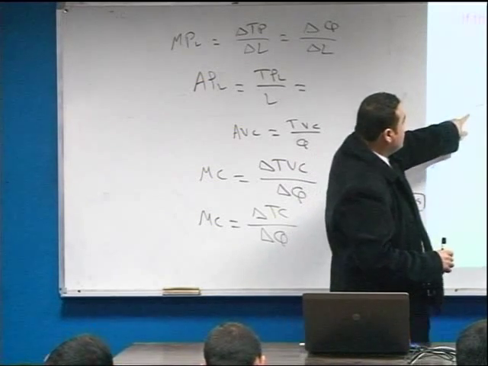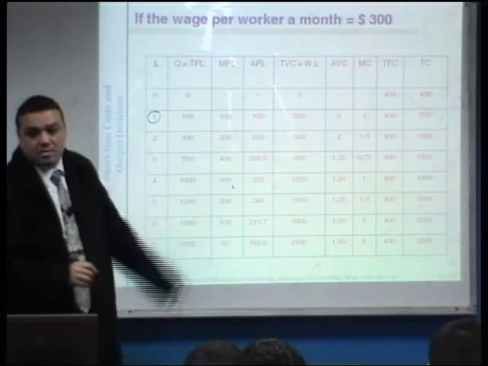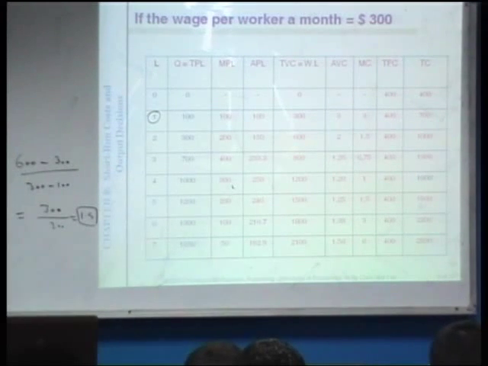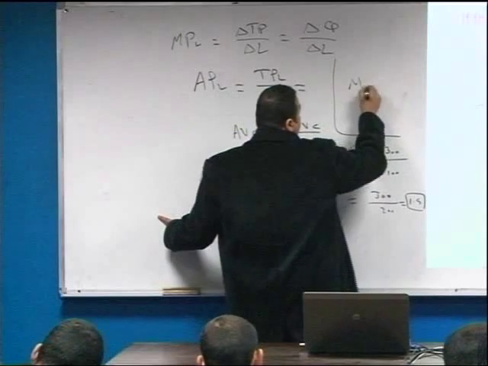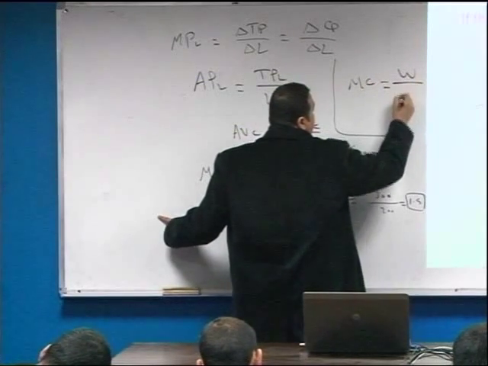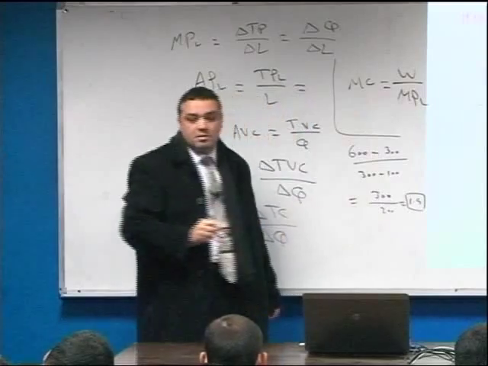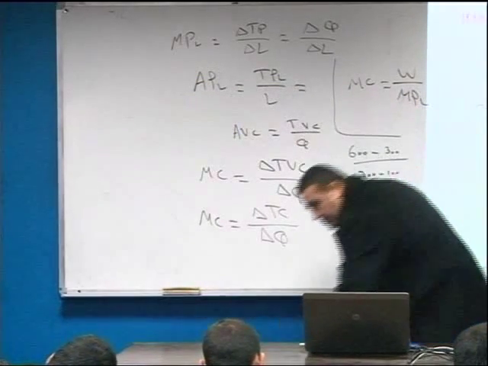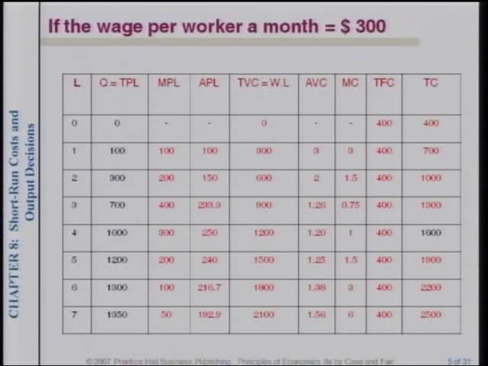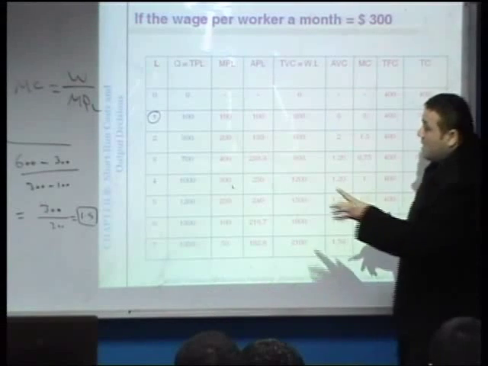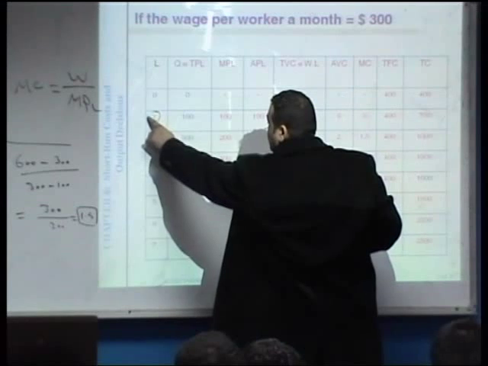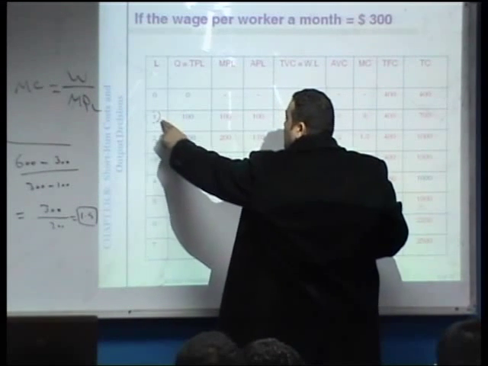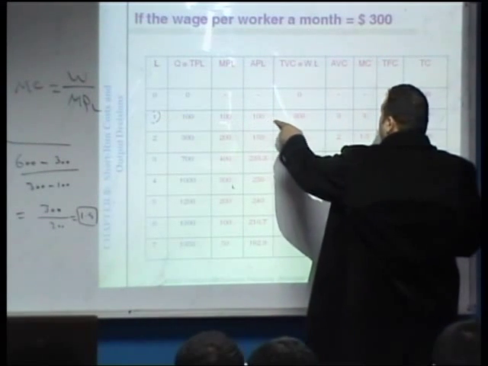As we mentioned, the marginal cost equals the wage over MPL at each point. In this case, at 1 here, or at this point, MC.